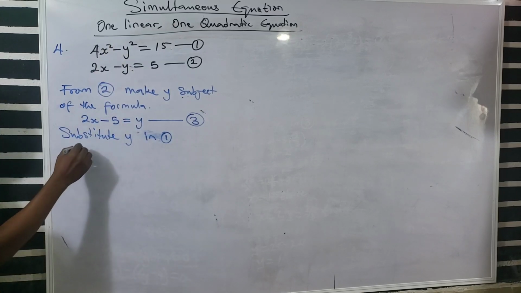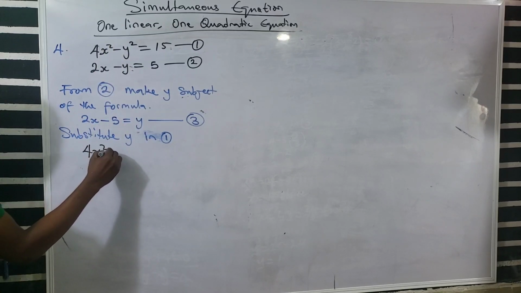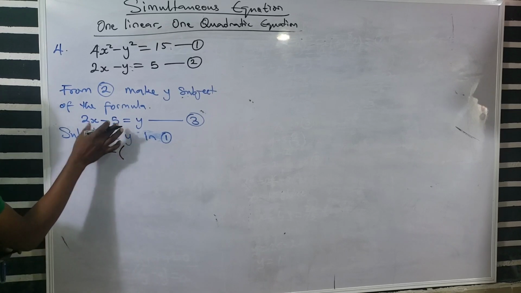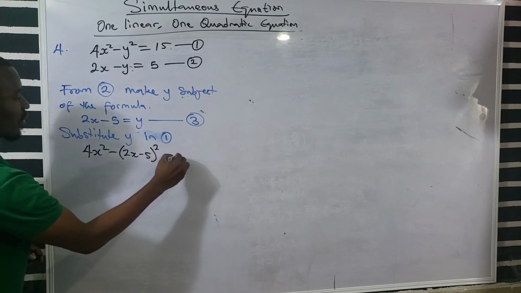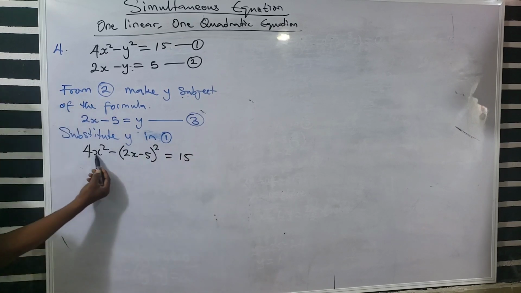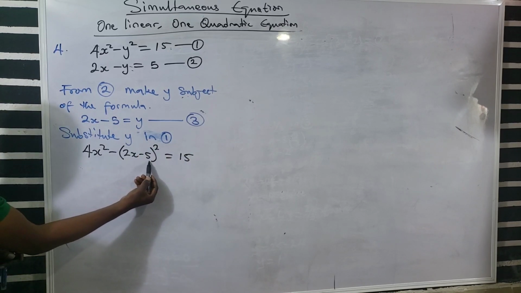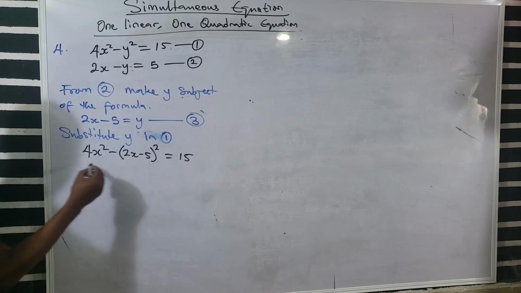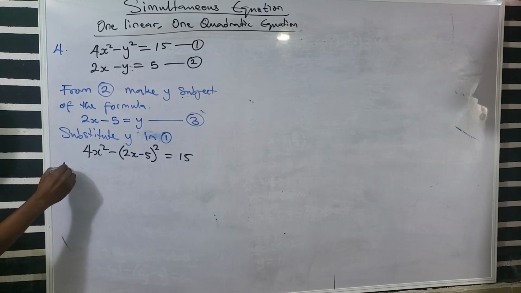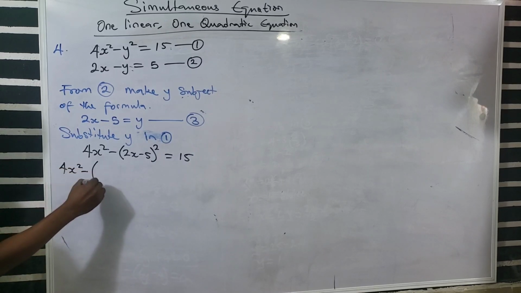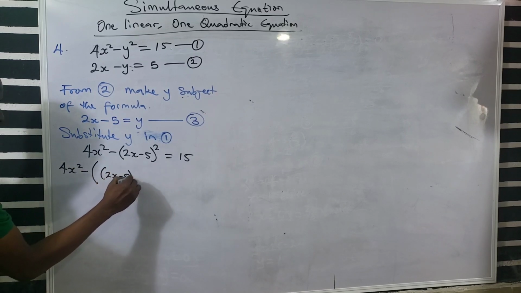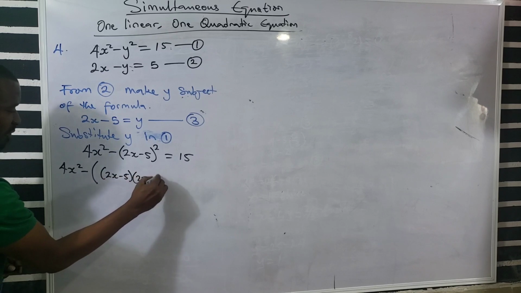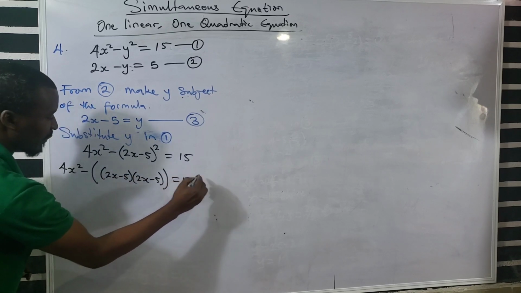So that will give you 4x squared minus, there is y, so I will write what? 2x minus 5 squared equals to 15. So I will expand this and open the bracket, then I will solve. So that will give us 4x squared minus, so let's expand this one here, 2x minus 5 into 2x minus 5 equal to 15.